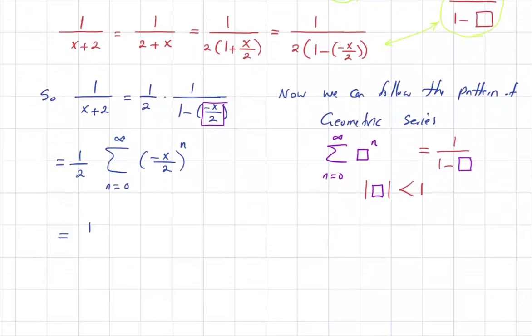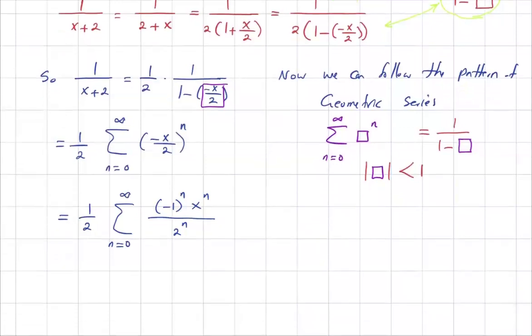You get 1 divided by 2, the summation of negative 1 to power n, x to power n divided by 2 to power n, starting from 0 to infinity. If you multiply the denominator by 2, you get the summation of negative 1 to power n, x to the n divided by 2 to power n plus 1, starting from 0 to infinity.